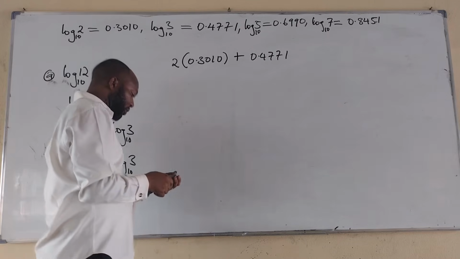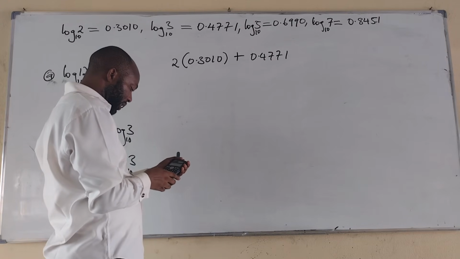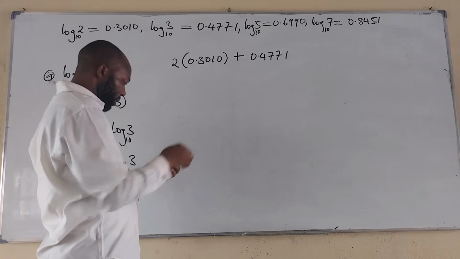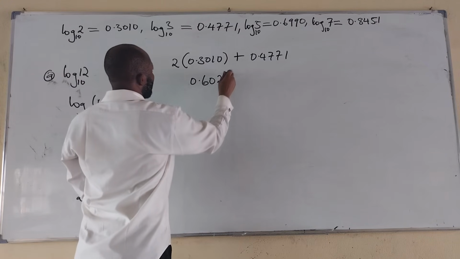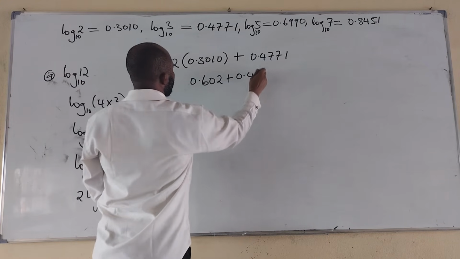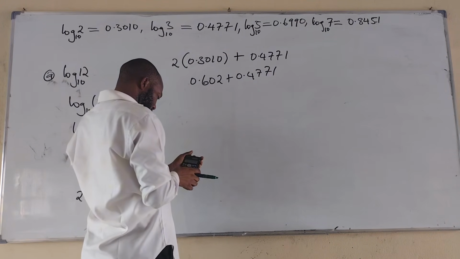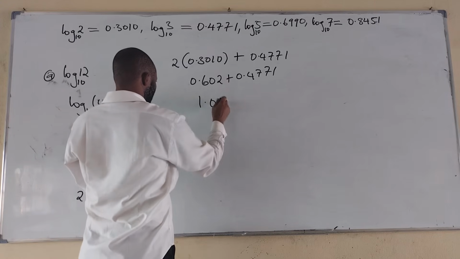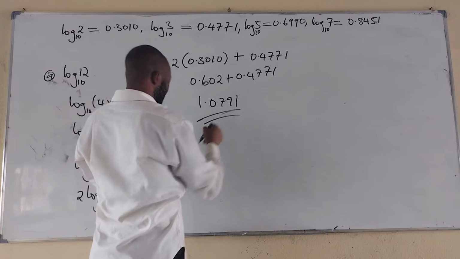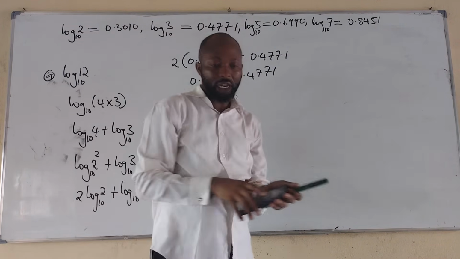So 2 times 0.3010 is 0.602. 0.602 plus 0.4771 is 1.0791. So that's our first answer, 1.0791.